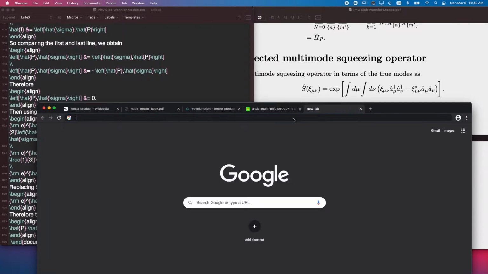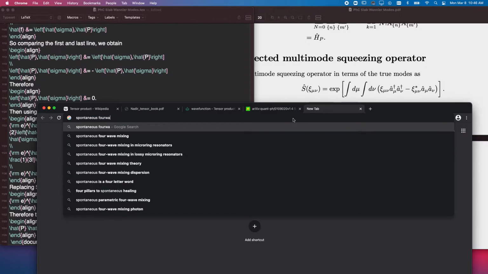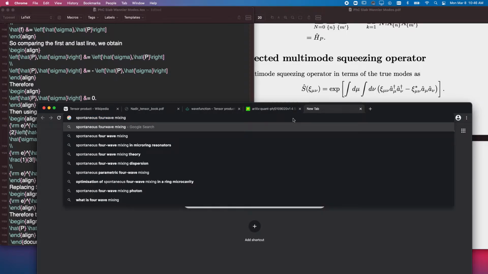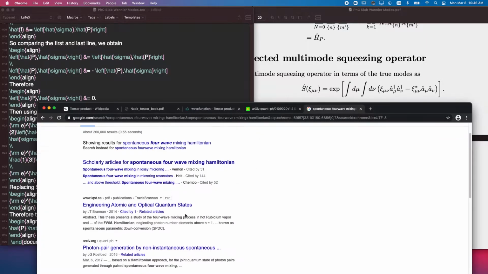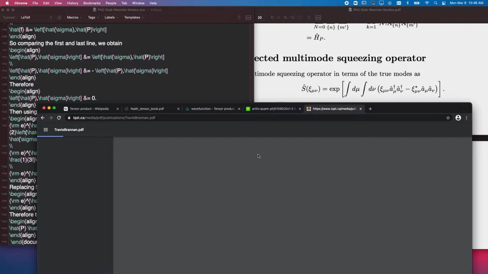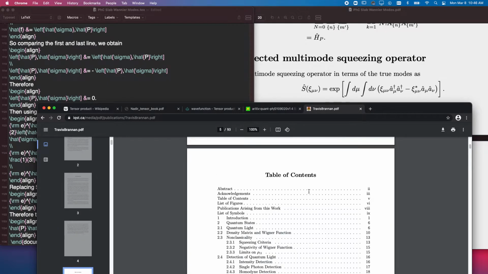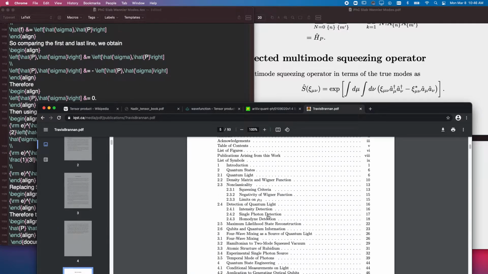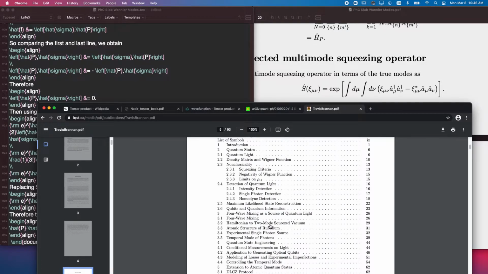But whatever. So what I wanted to look at was spontaneous four-wave mixing. Alright, so is there something here? Hamiltonian, page 29.